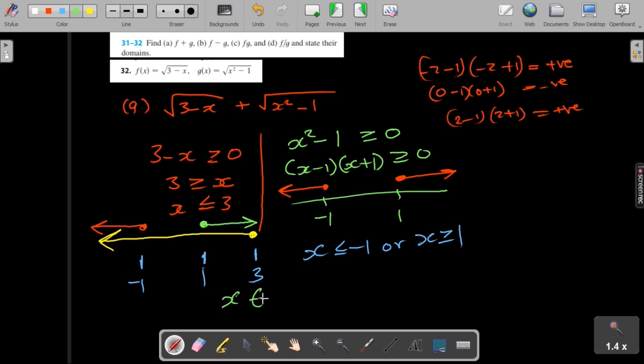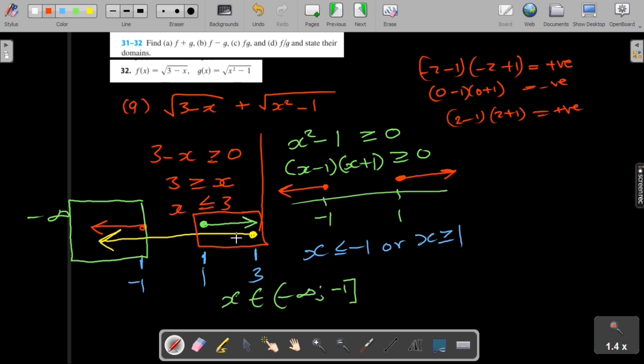Okay, so we're now going to take the parts where these things overlap and give that as our domain. The domain will be x as an element of minus infinity to minus 1 included. So from the left until this point, the domains agree with each other. But in between, only one of them exists, so we're going to ignore that part and look for another part where they both agree, which would be this portion here.